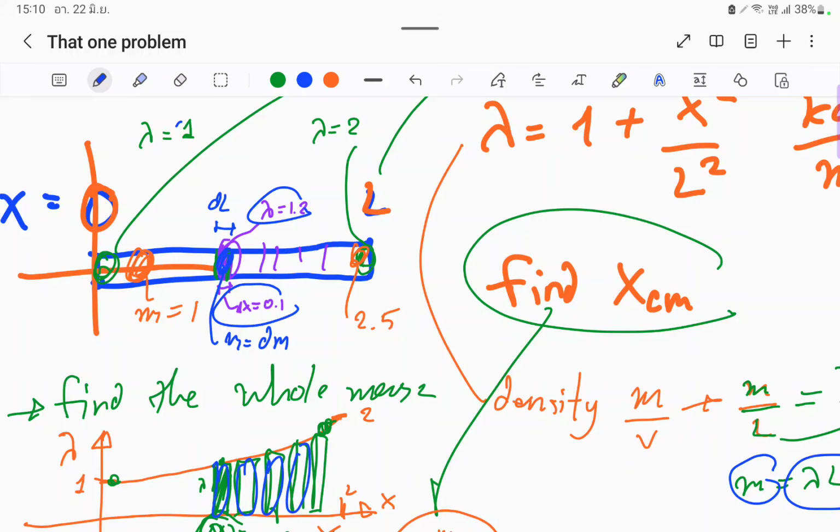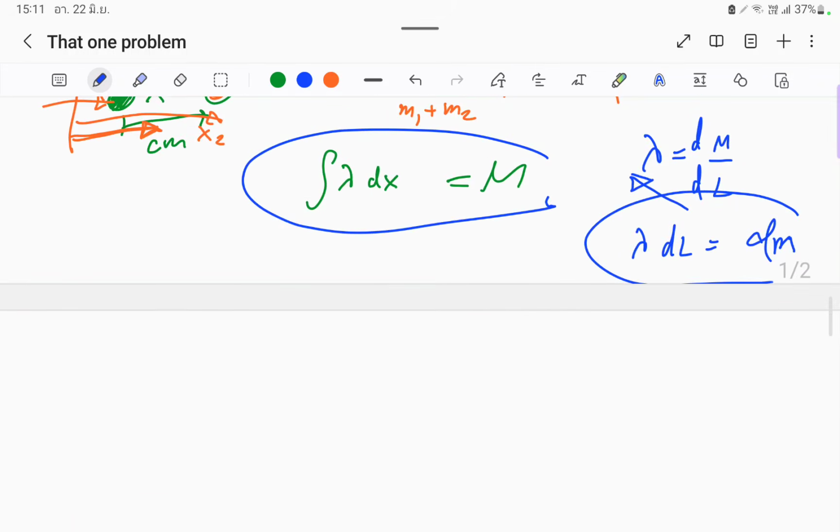What is d even called in this context? D is called very small, so the m here stands for the whole mass of the rod, but the dm here means the very small mass that is in this specific section called dl, where dm is equal to lambda dl.